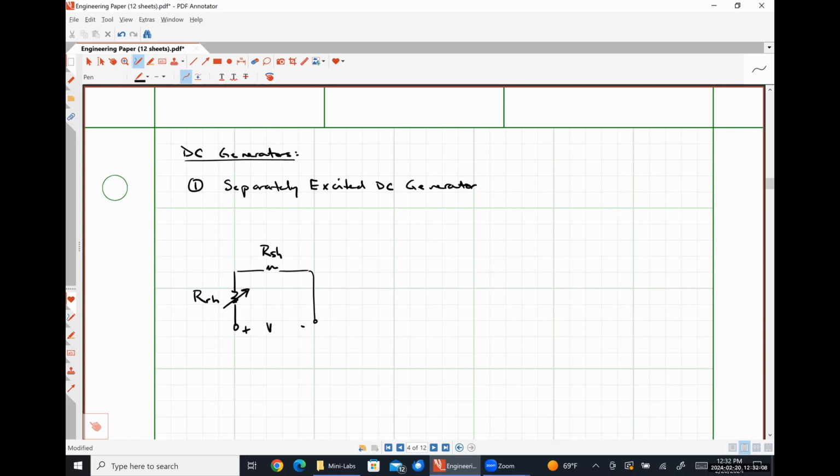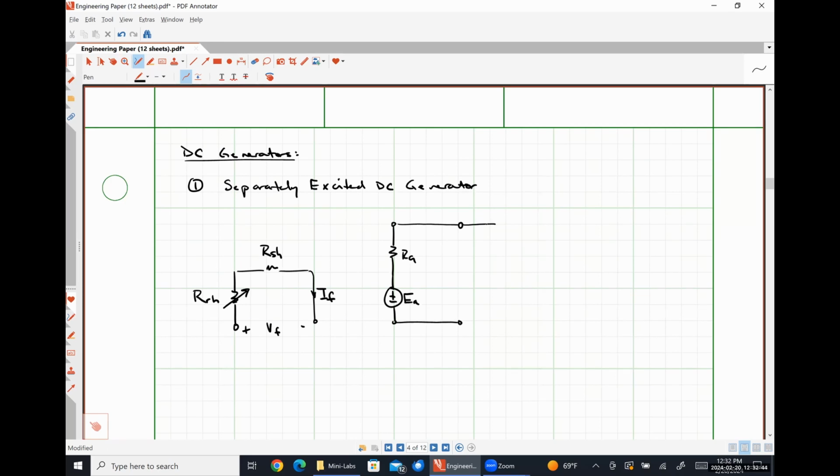Here is my applied field voltage. Here is my field current. So that's my stator circuit. My armature circuit will be over here on the right. Here are my terminals.